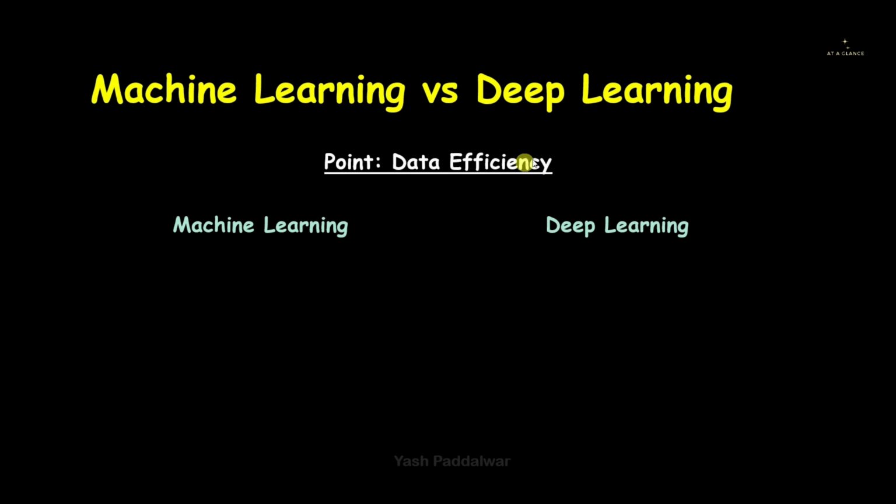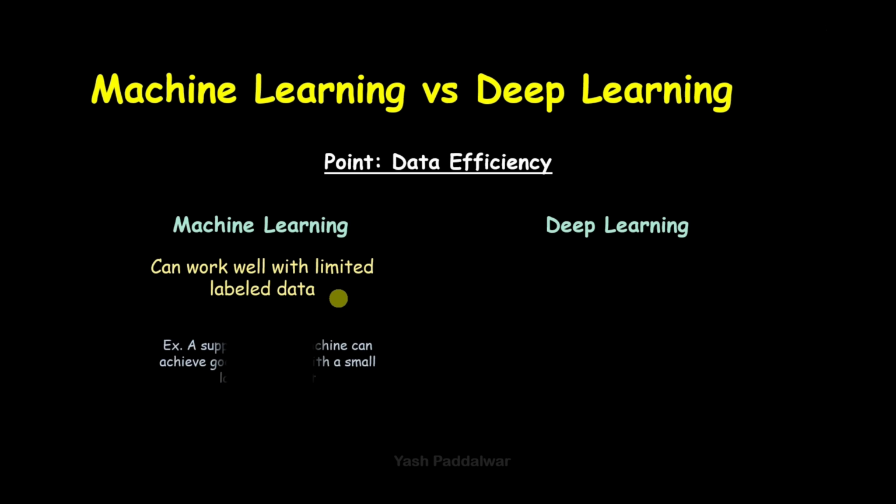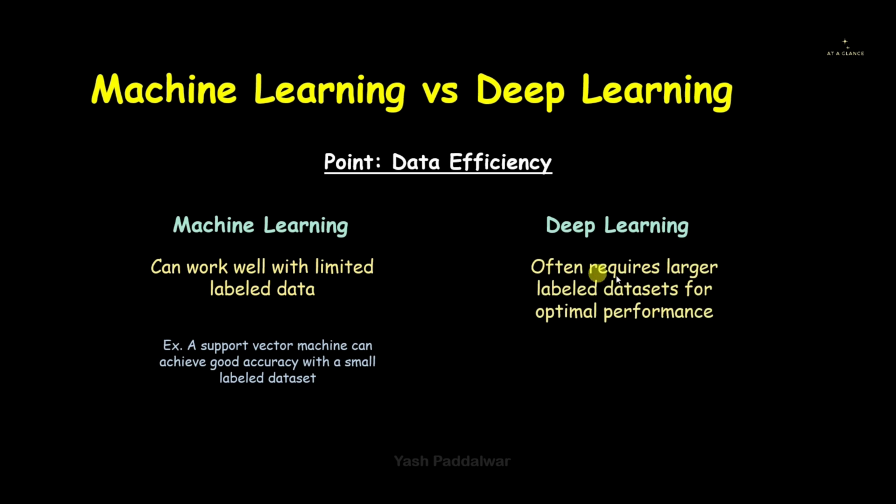Now let's have a look at another point of difference, which is data efficiency. Machine learning models can work well even if limited data is present for training. For example, a support vector machine model can achieve good accuracy even if small labeled datasets are present. In the case of machine learning, it can achieve optimal performance even if datasets are small. But deep learning requires larger labeled datasets for optimal performance.